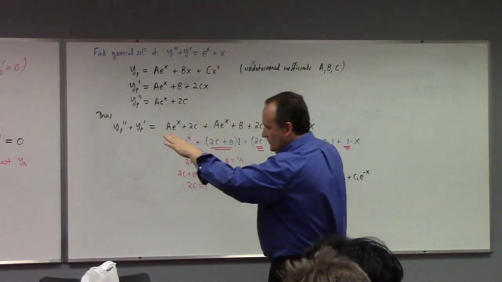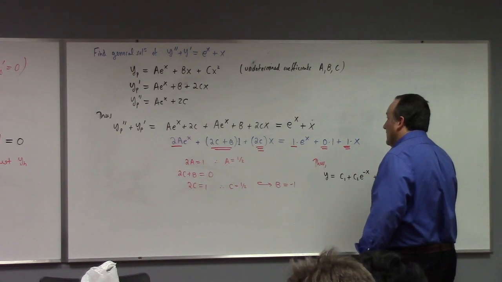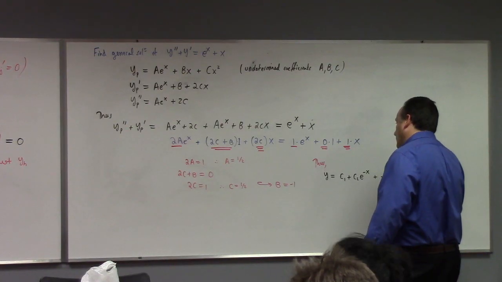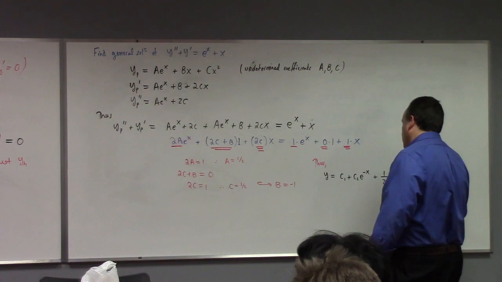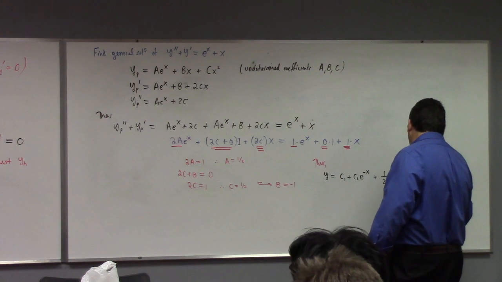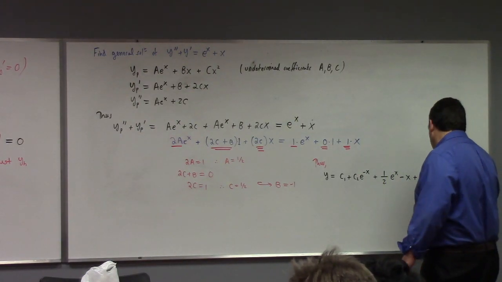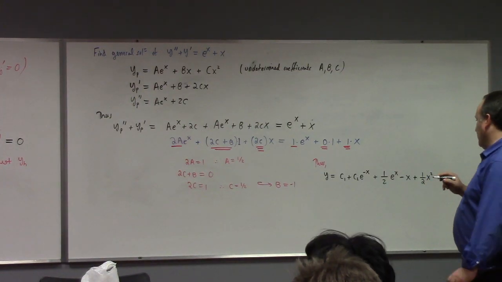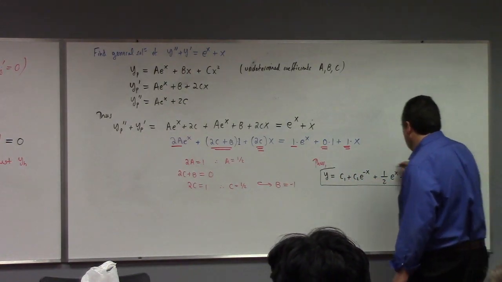That's my homogeneous solution. And then plus 1/2 e^x, minus x, plus 1/2 x squared. And there you go. That is the general solution to the differential equation.